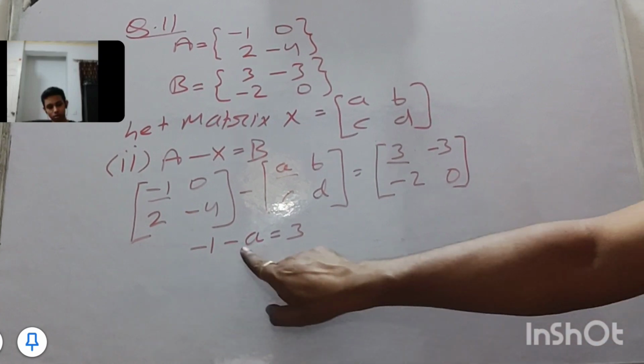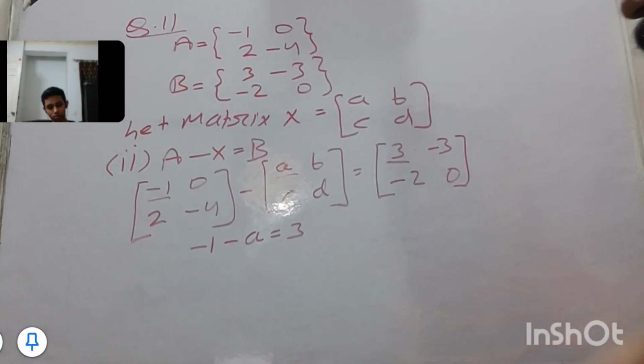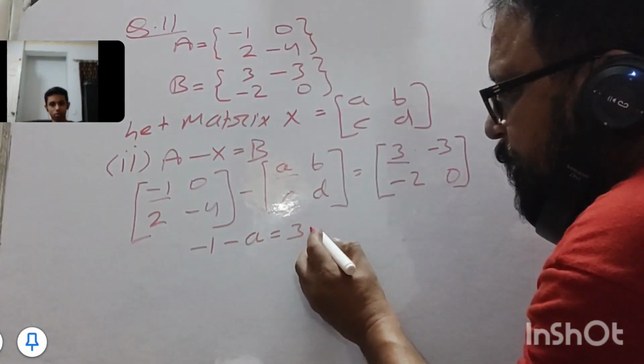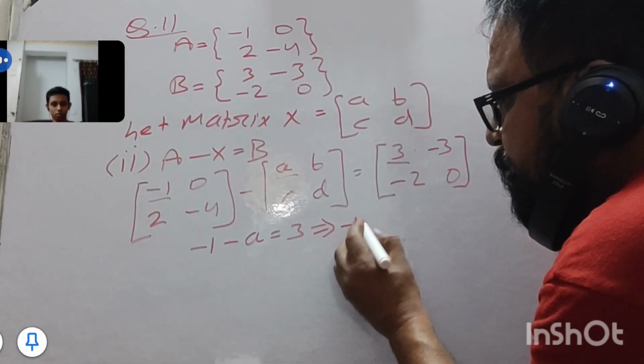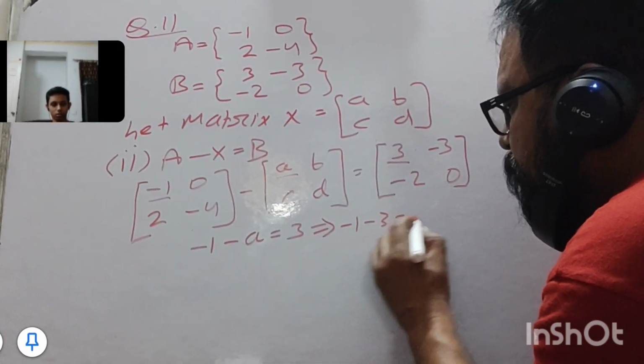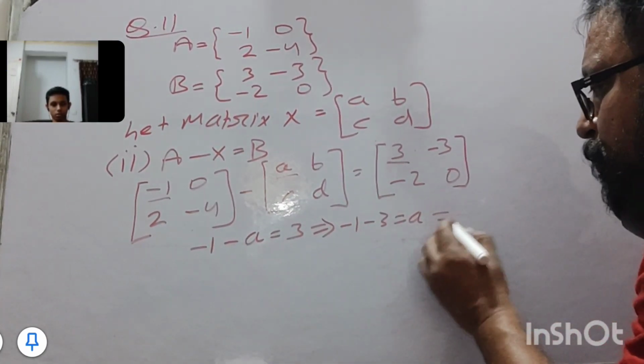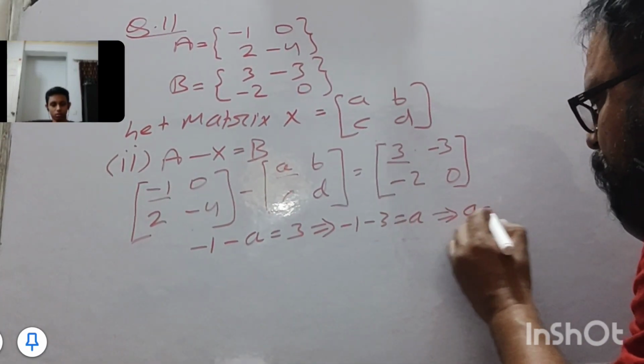So a will come on the other side of the equal sign, and 3 will go there. It becomes -1 minus 3 is equal to a, so a is equal to -4.